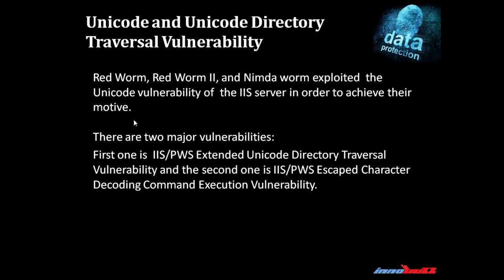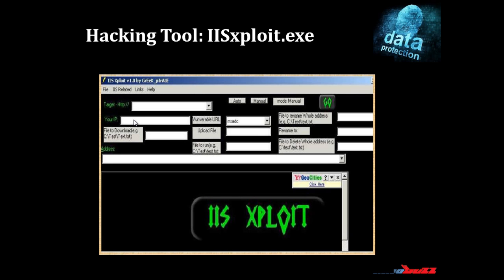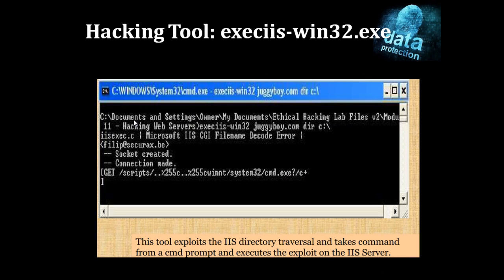The first one is the IIS PWS extended Unicode directory traversal vulnerability, and the second one is the IIS PWS escaped character decoding command execution vulnerability. You can see a snapshot of the tool iisexploit.exe, which is used to exploit the vulnerability of the IIS web server.